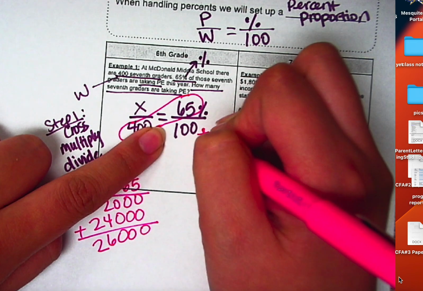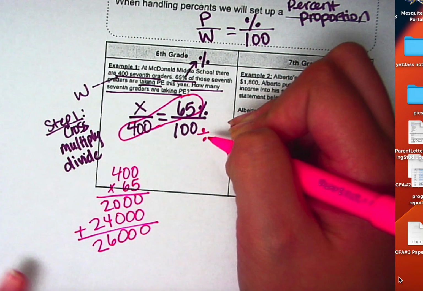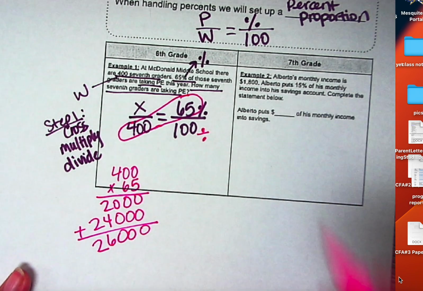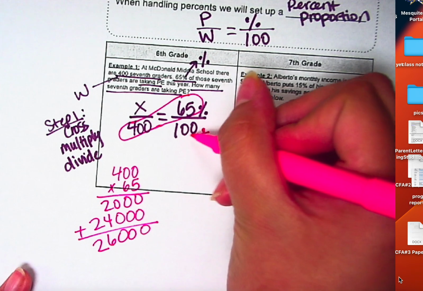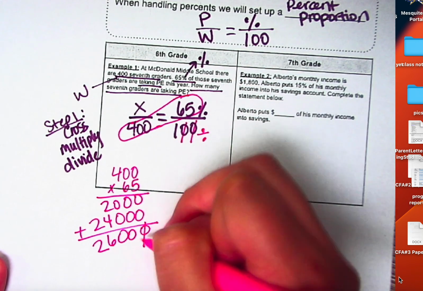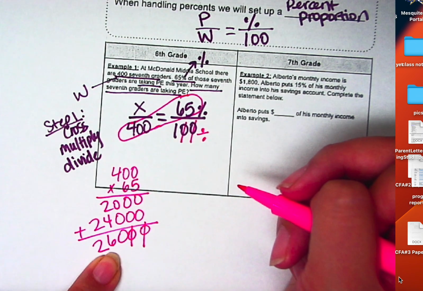Okay. Cross multiply and divide. You're going to divide by 100. But let me show you a trick. See, there's 2 zeros here. You can cross out 2 zeros, and you can do the same on the bottom. Okay, with your answer.